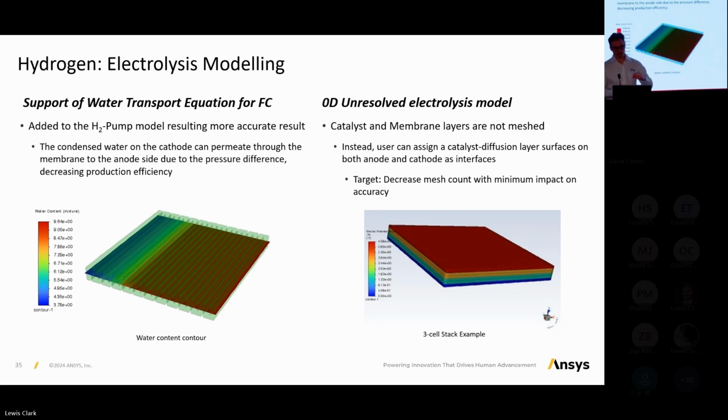When you're doing a fuel cell or an electrolyzer, you have quite a few layers through your device, and meshing through all of those layers can result in a huge mesh that takes forever to solve. So there are now ways that we can handle some of those layers, the catalyst and the membrane layers, without a mesh. They're just acting as an interface layer instead.